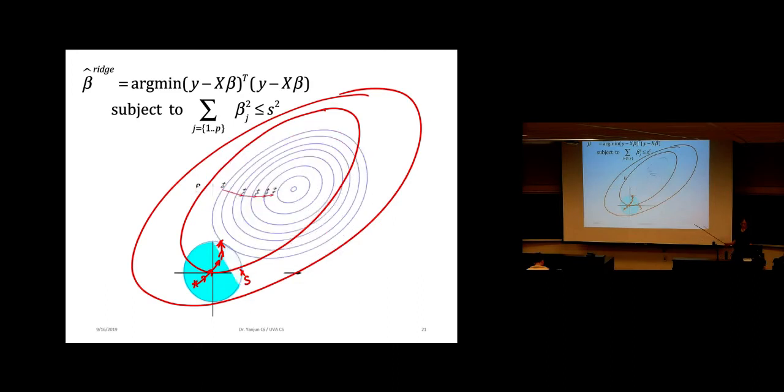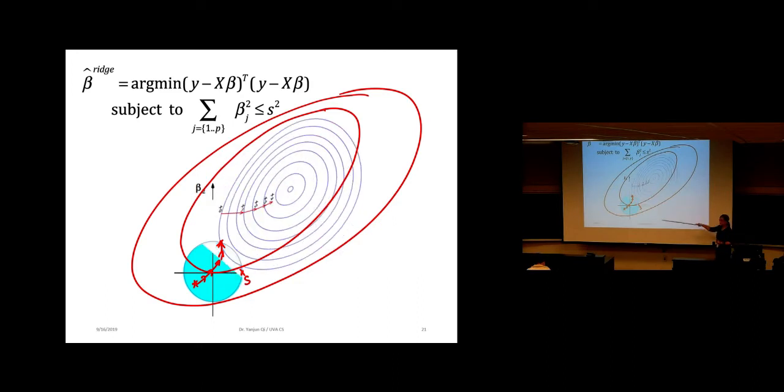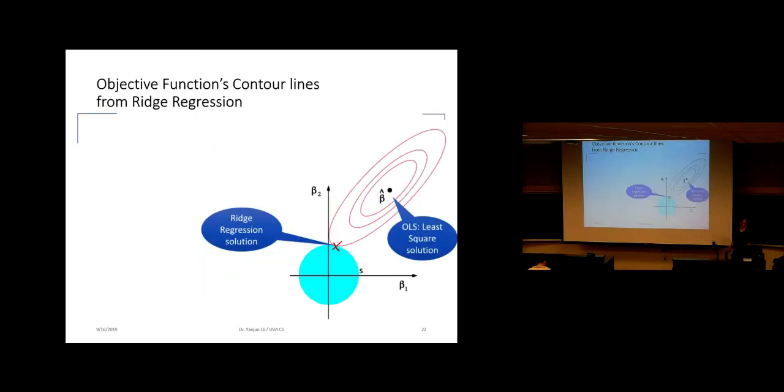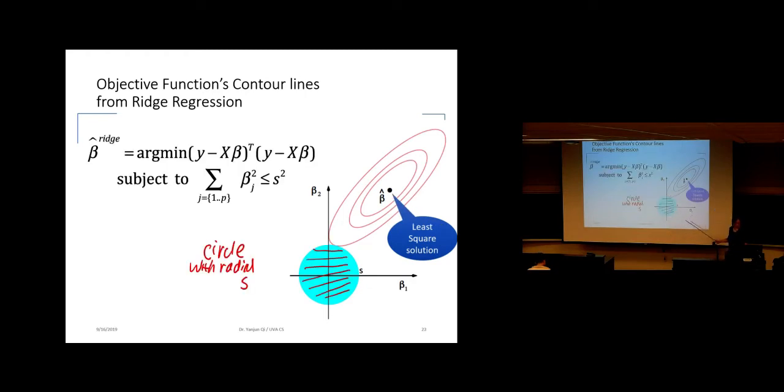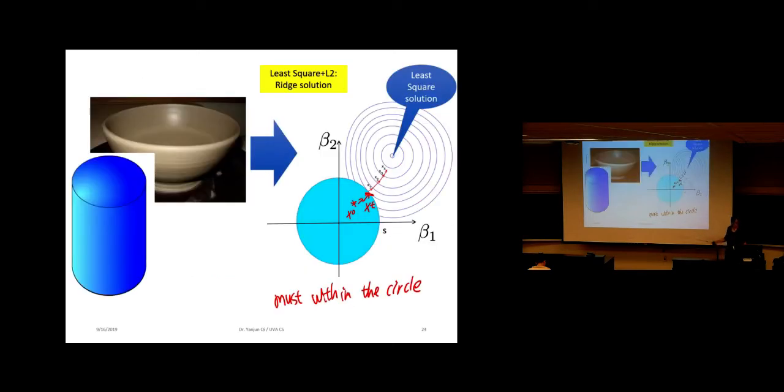Hopefully you understand it: you search within the circle, compared to the previous case where you search wildly. We call this solution the ridge regression solution, and the other the ordinary least square solution. That's the equation, and this is the 3D view.